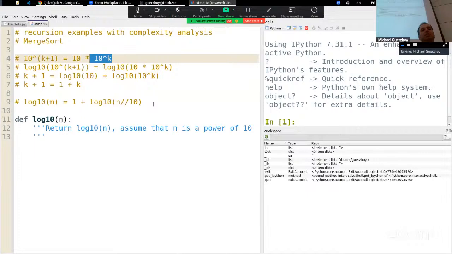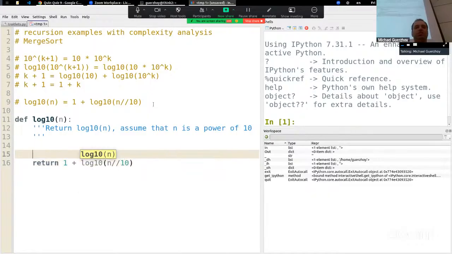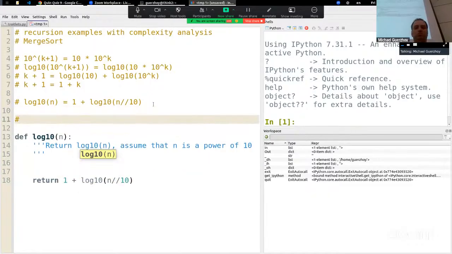So that gives us the recursive step. I can just say I want to return 1 plus log 10 of n divided by 10. To be clear, this might not be super clear, but that's just how logarithms work. Okay, is this good with everyone?